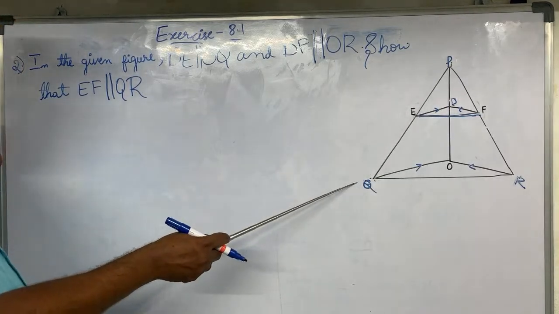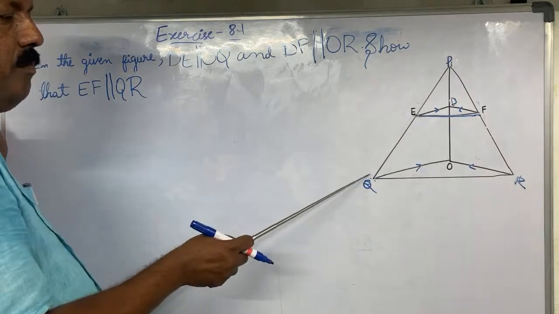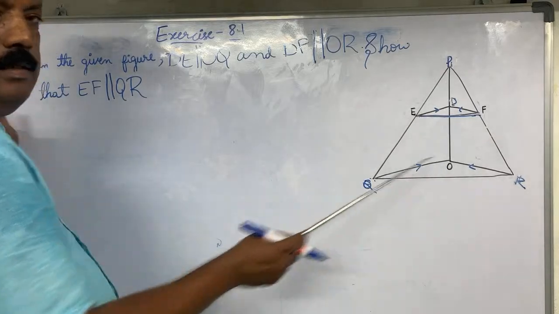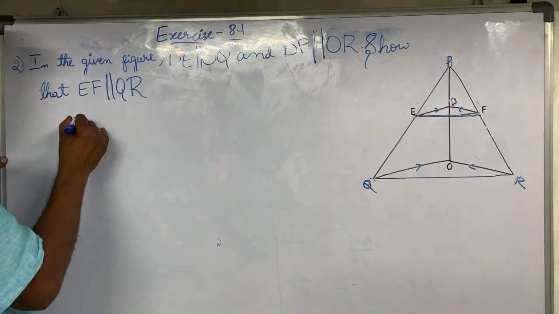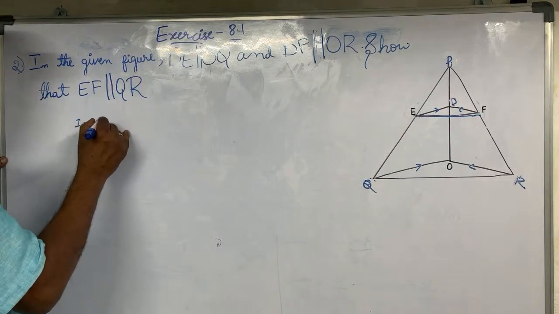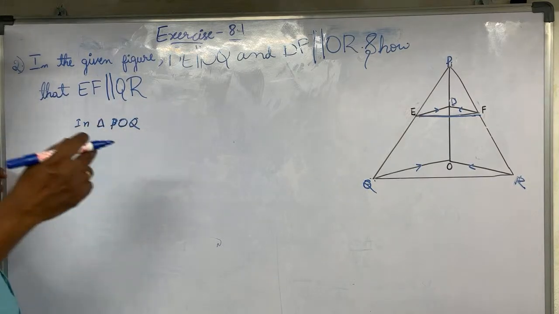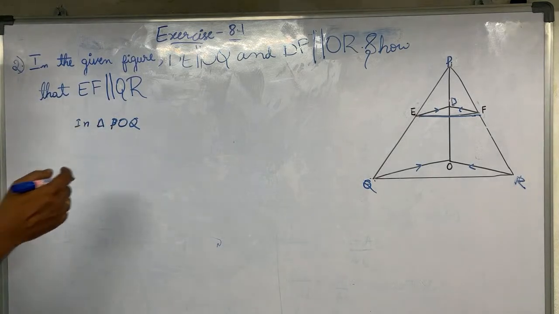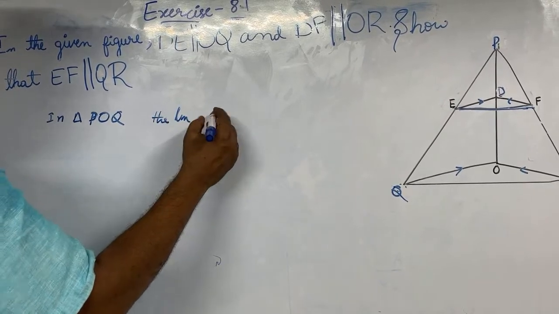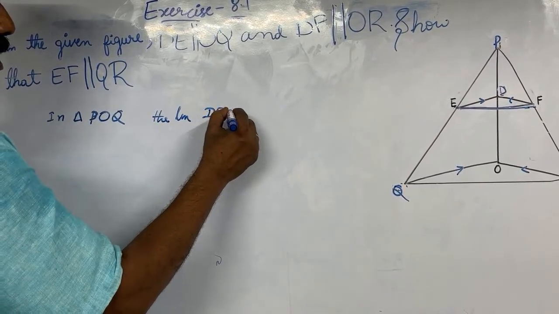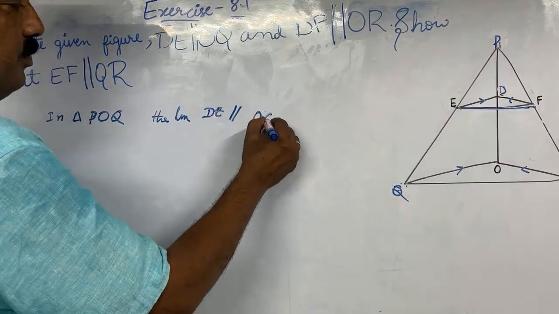One triangle is POQ, once again I will repeat, one triangle is POQ. Another triangle is POR. In the triangle POQ, the line DE is parallel to OQ.